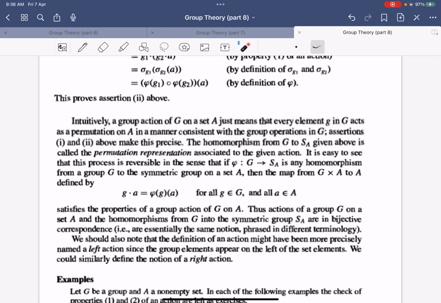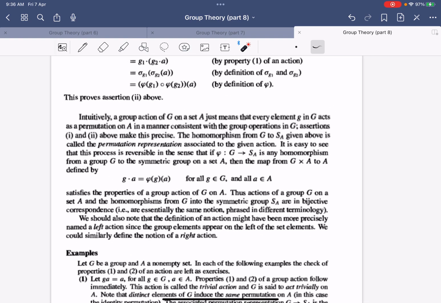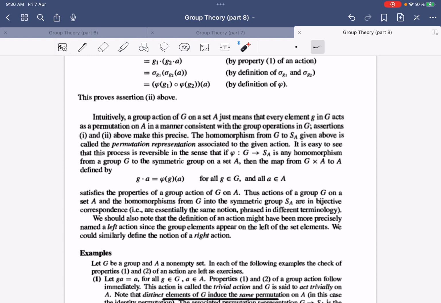So you can really think of it as shifting all these elements in A around. And not only that, every action corresponds to a homomorphism from G to the set of bijective functions from A to A.